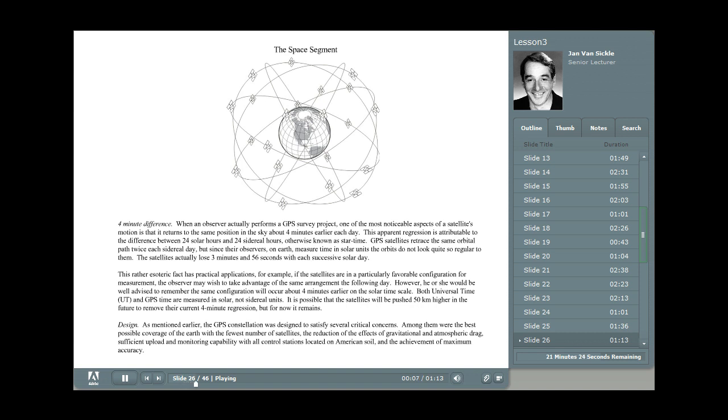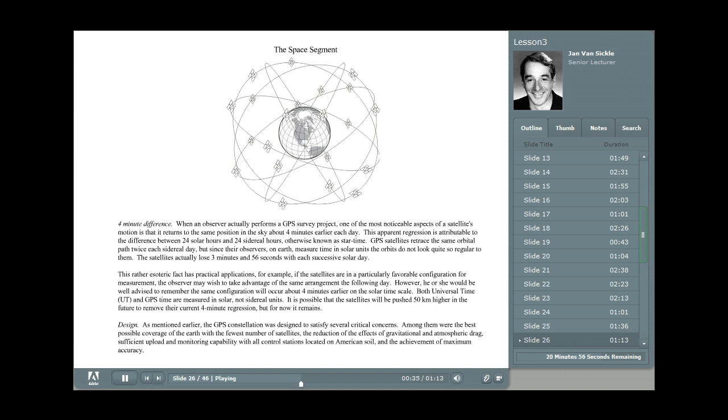Now, the 4-minute difference that's mentioned here on this slide refers to the fact that since the orbits are measured in sidereal or star time, that's different than solar time, a satellite would find its way back to exactly the same position that it was in the sky the previous day, but it would be 3 minutes and 56 seconds earlier, or 4 minutes earlier on the solar time scale.